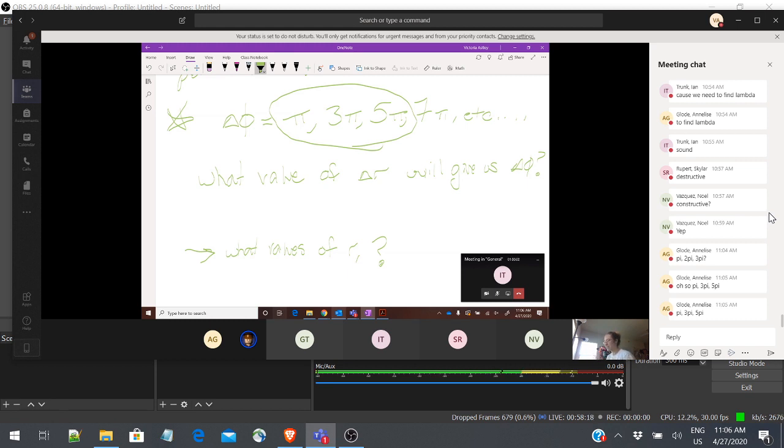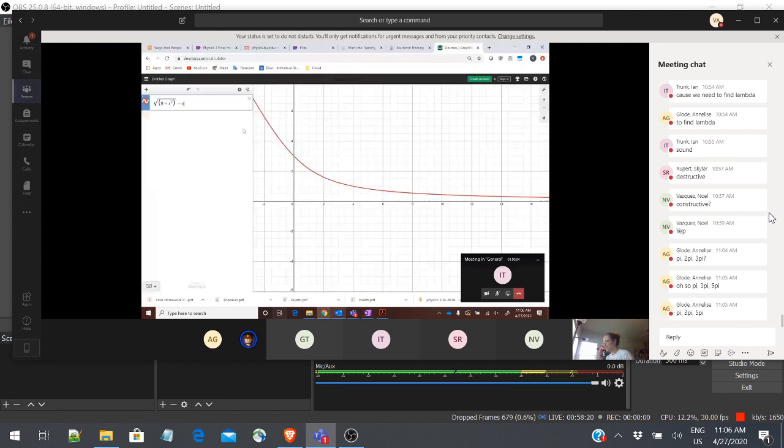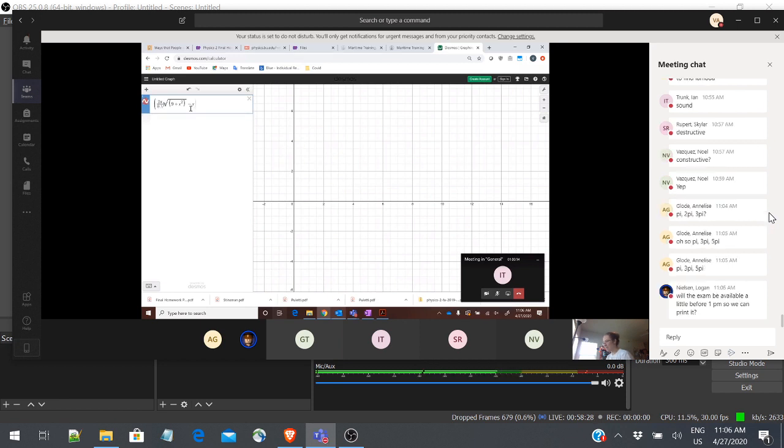So I'm going to be super lazy and I'm going to graph this. So we know that this is 2 pi over lambda, which was 0.5, times that. So now I'm graphing delta phi as a whole. So, okay.